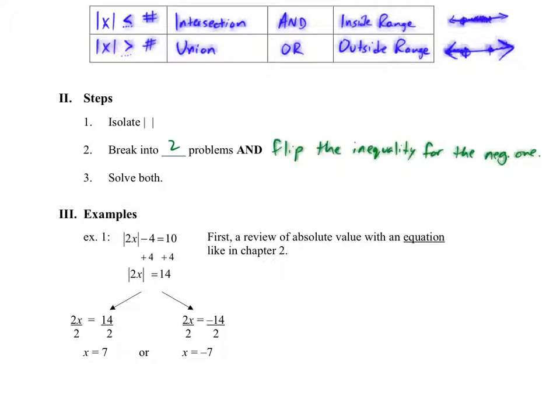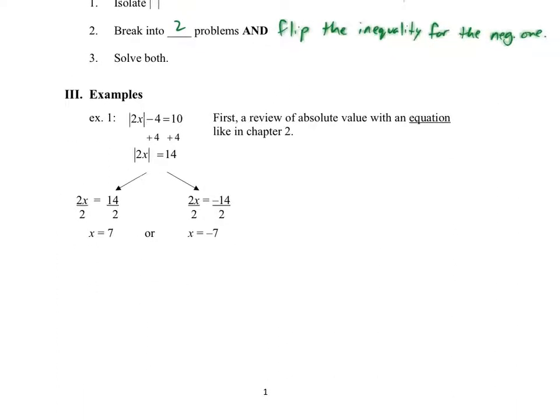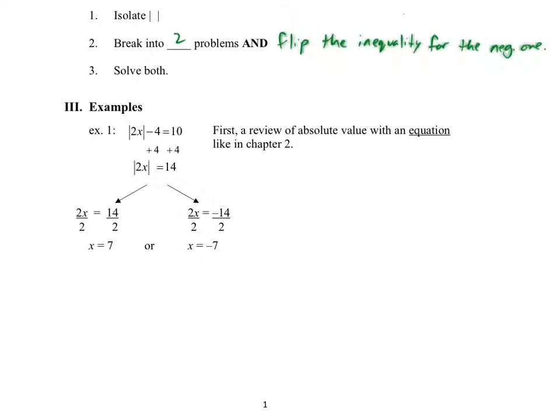Okay, so here's my example. And instead of taking the time to do that, I figured we'd work through one. So first step was, all right, isolate the absolute value. So this minus 4 has to go. So we add 4 to both sides. We get absolute value of 2x equals 14. Good? And then once we were here, if it was just a normal equation, so an equals, we break it into 2 parts. We solve both of them. We get our 2 answers. Yes?